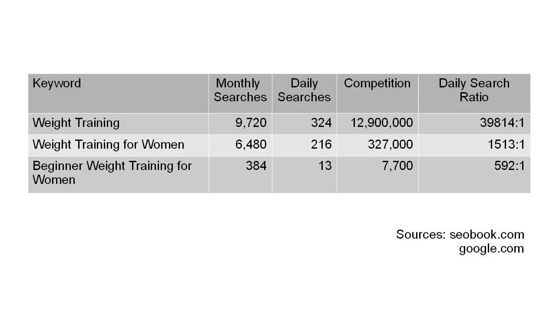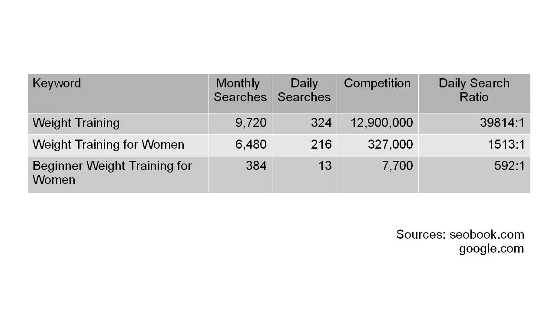So your chances of getting to the first page of Google, let alone to the top position in Google, are going to be very, very slim. So the chances of somebody actually coming to your website, the daily search ratio, is 39,814 to 1.